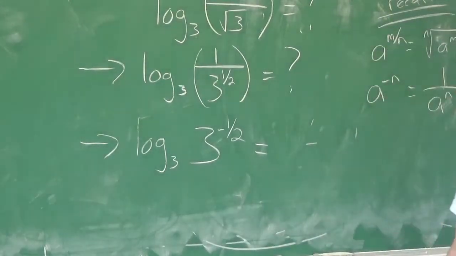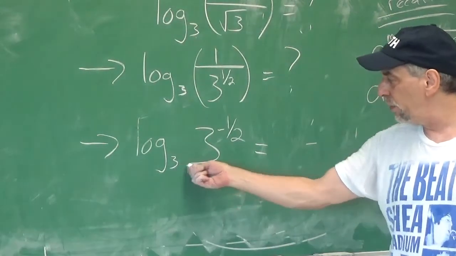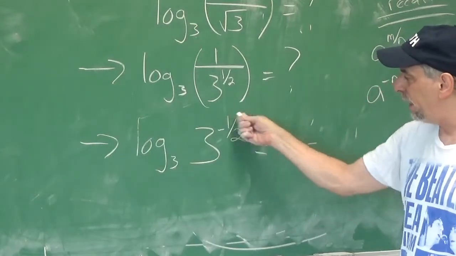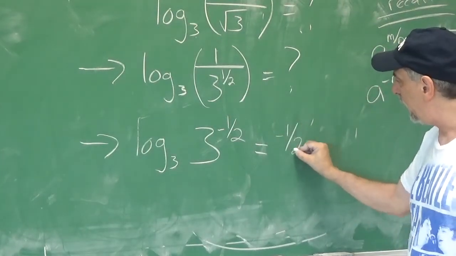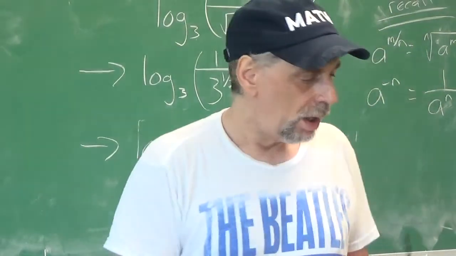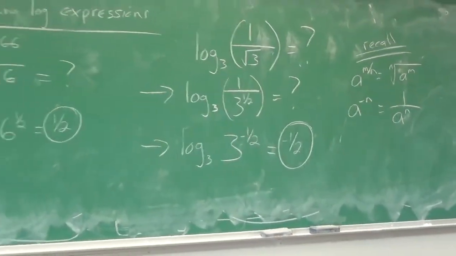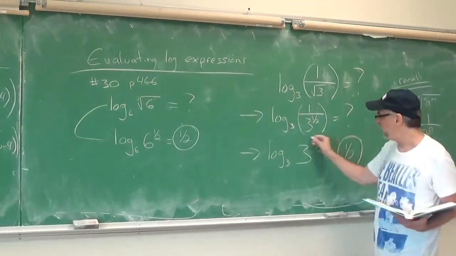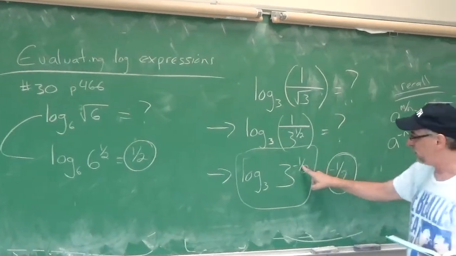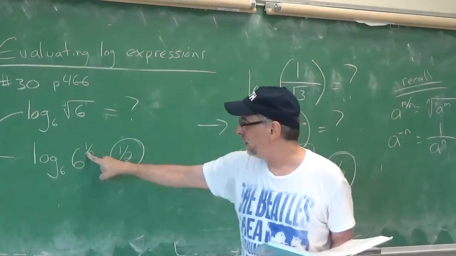And now we've got exactly what we want. When this number matches the base here, our answer is just whatever that exponent is, in this case, negative 1/2. It's a very friendly formula. Once we get to this point, we just see the answer right in front of us, just like we did here.